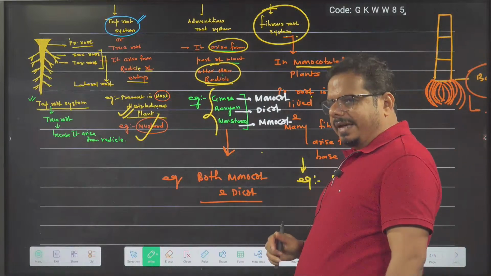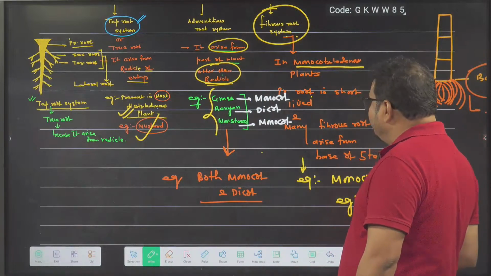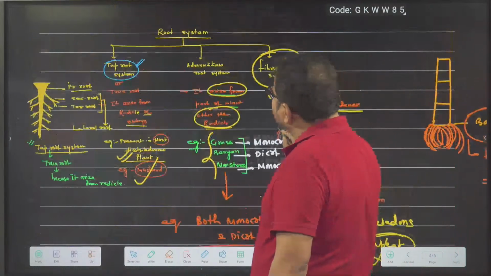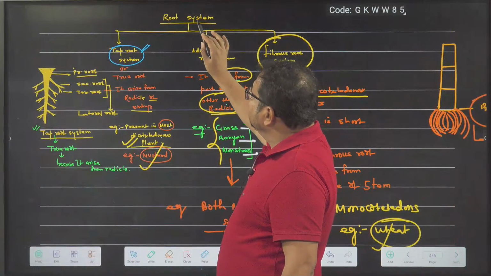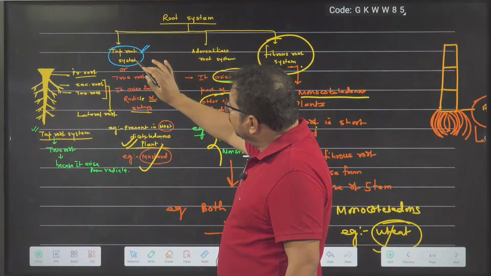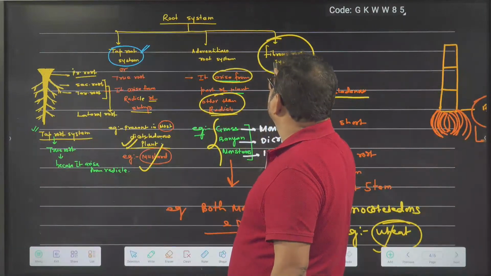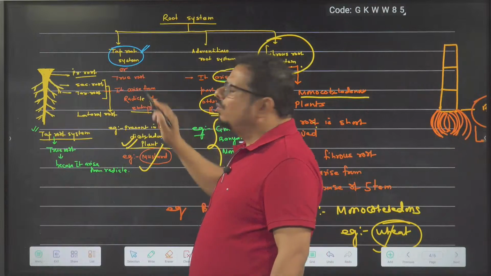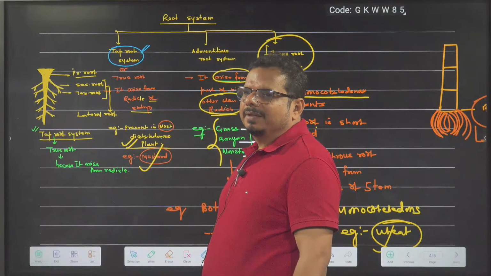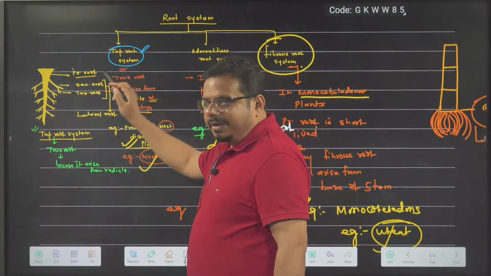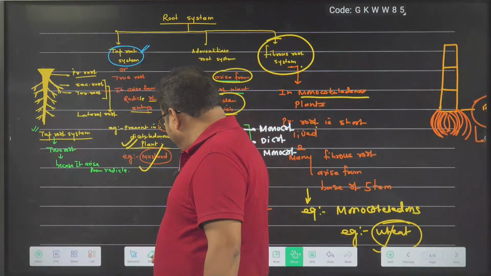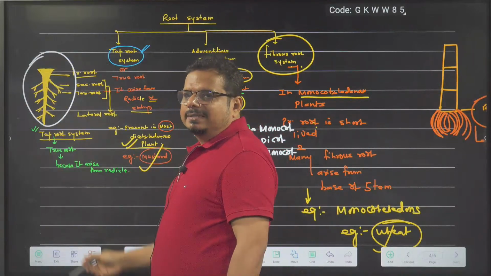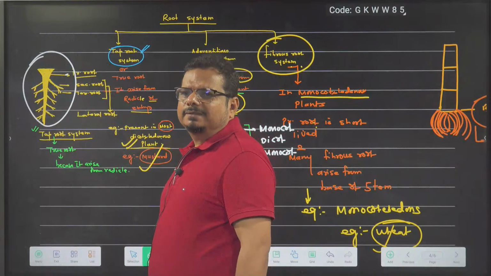Now I am asking some bits, how the answer to a question is going to change with the options given. I am just going to ask one or two multiple choice questions. Meanwhile, you understand up to here, na? Can I expect you know the things? There are three types of root system: tap root system, fibrous root system, adventitious root system. Tap root system is the true root, arising from the radicle. In tap root, when you find the root like this, you can say this plant is a dicot plant.